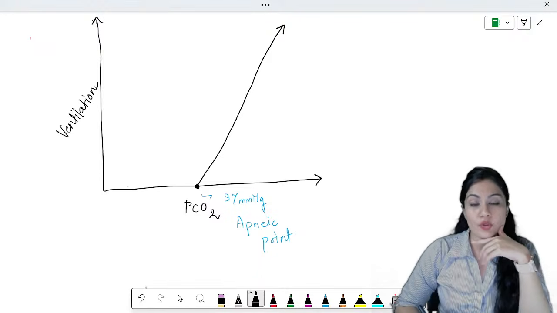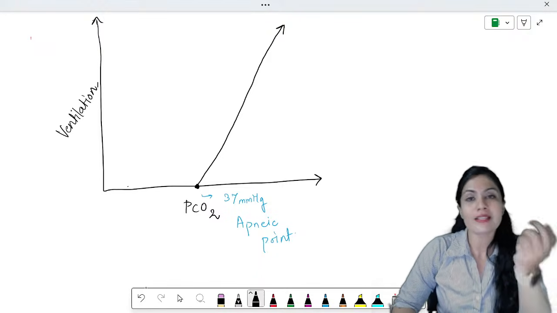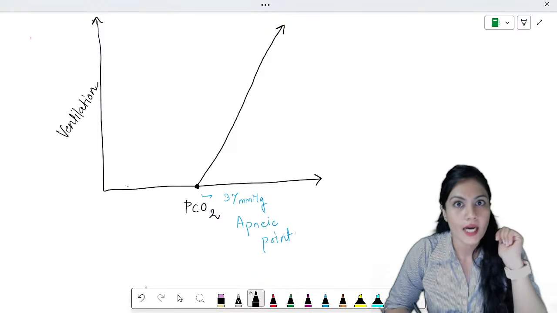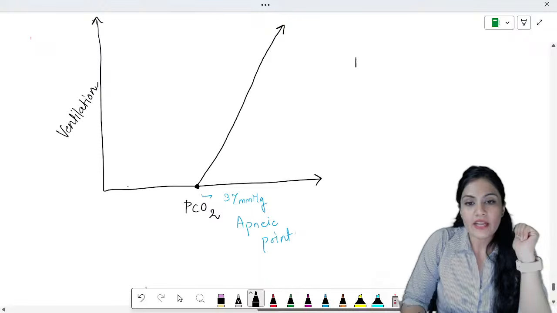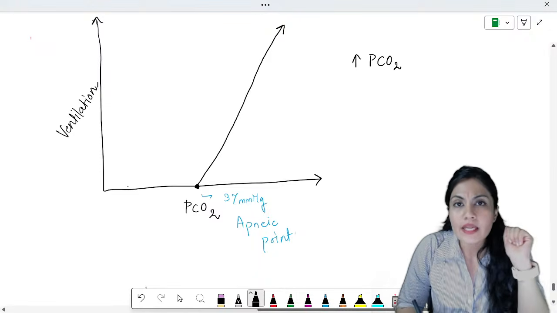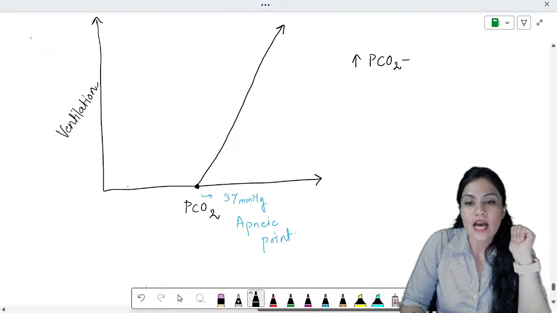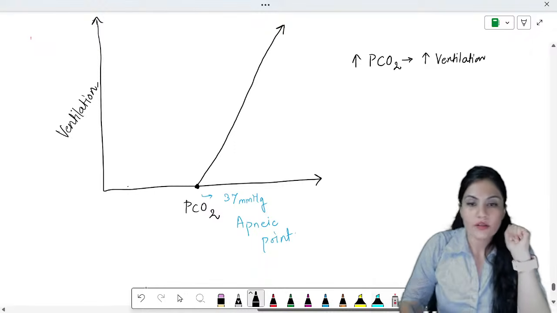Now, if I ask you, type 2 respiratory disorder means hypoxia with hypercapnia. One thing is clear: hypercapnia is an increase in the PCO2. Whenever there is hypercapnia, there will be a linear increase in the ventilation. Fine, we know that, right?